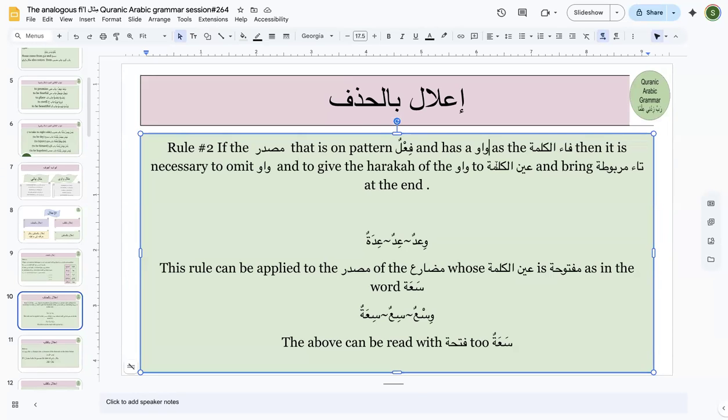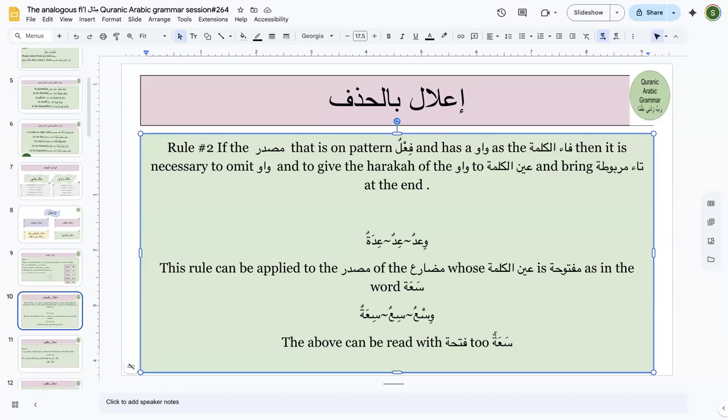Noted? Okay. So now, in here, what are you seeing? You're noticing that the mudare in here is maftuha. So siatun. Even if the masdar is on fi'lun pattern, siatun is an option, and sa'atun is an option as well.